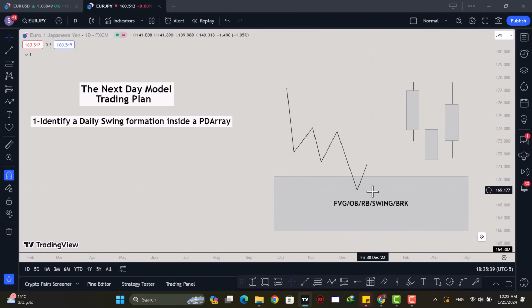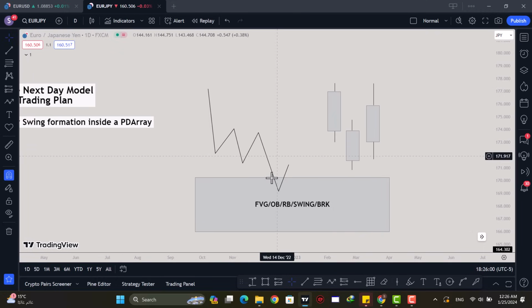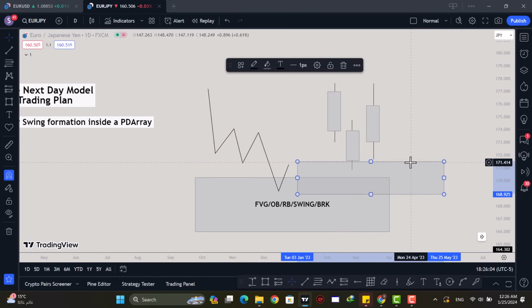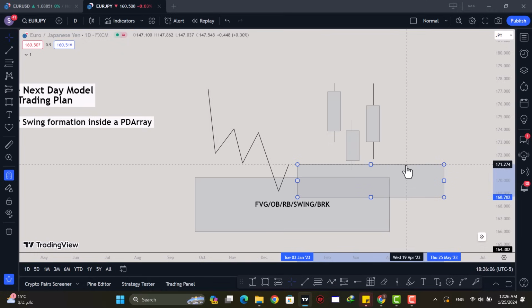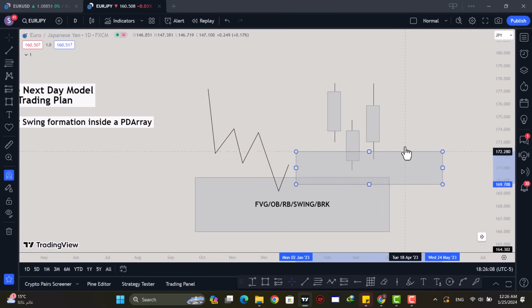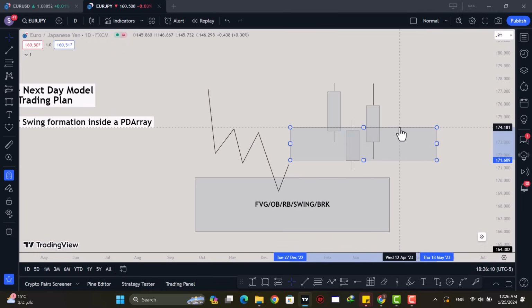Now let's take a bullish example. Price is trading lower. It hits a PD array, and let's suppose that PD array is a fair value gap. Now inside that PD array, it formed this swing right here. So what do we mean by inside? Inside, it can happen like this. This is inside. This is inside, this is also inside.